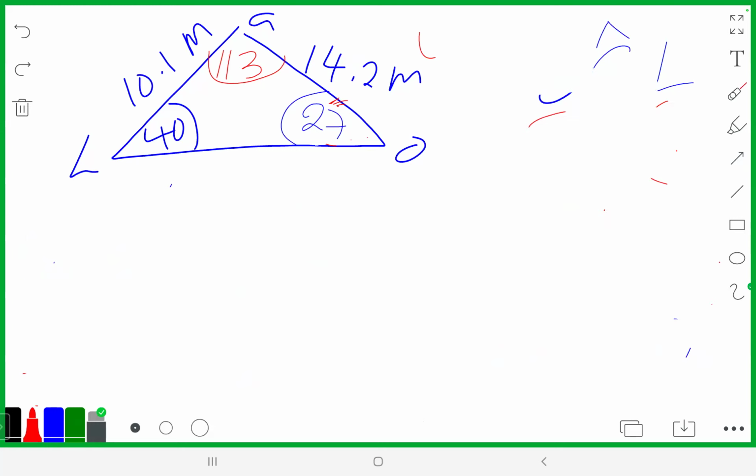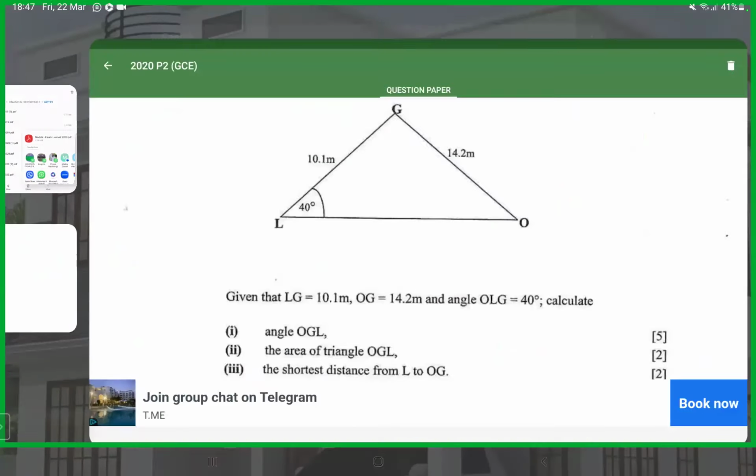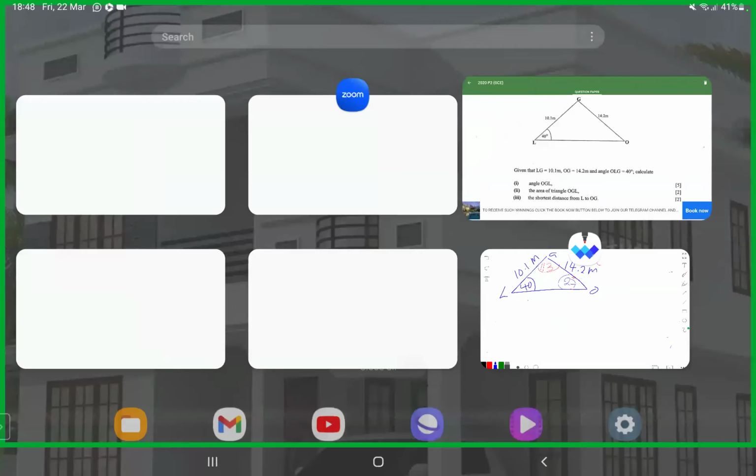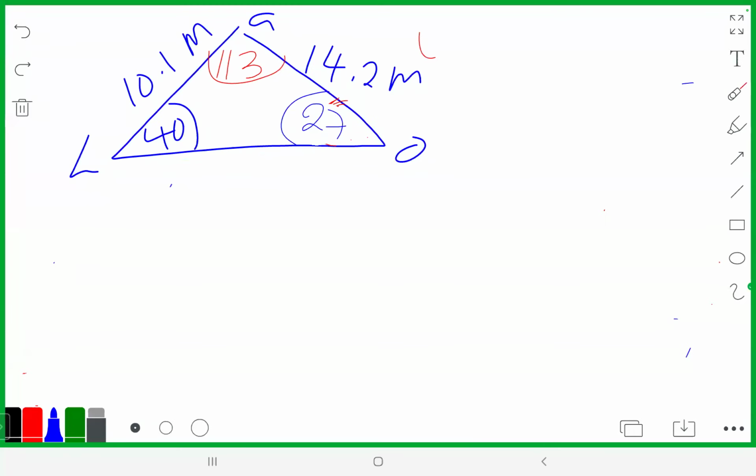So once you have found this angle, the next question is saying, can you find the area of the triangle? What triangle is this? OGL, the area of the triangle. How can we find the area of the triangle?